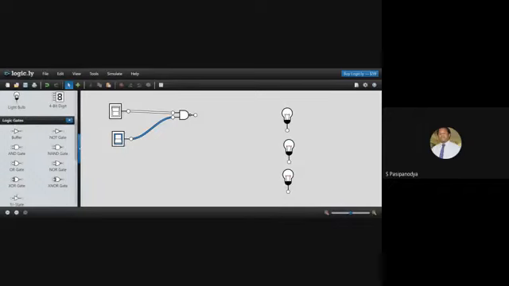Do you want to explain why? Yes, sir. We have inputs. Those are switches, which is on and off. So that will be a 0 and a 1.